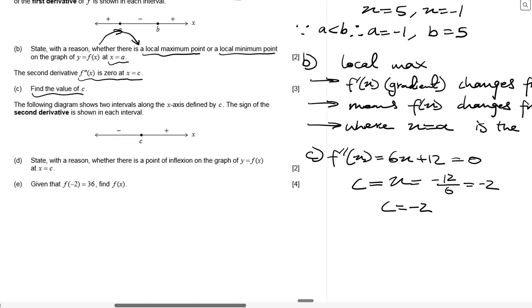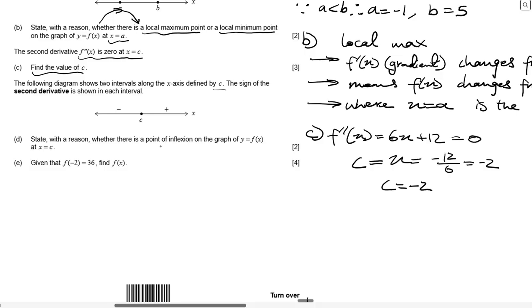Now let's move on to D. The following diagram shows 2 intervals along the x-axis defined by c. The sign of the second derivative is shown in each interval. State with a reason whether there's a point of inflection on the graph of y is equal to f of x at x is equal to c. So since there's a change, that means we have a point of inflection.